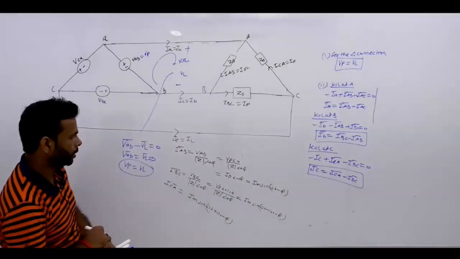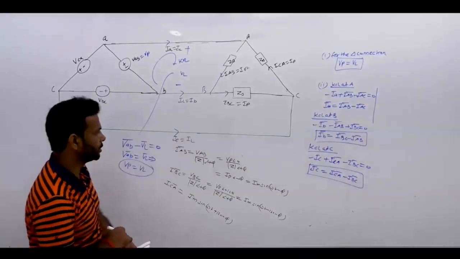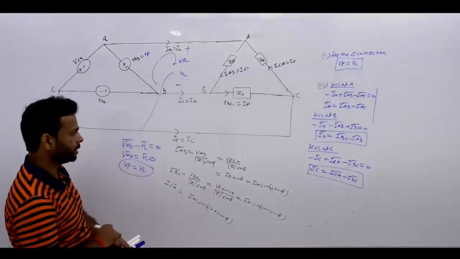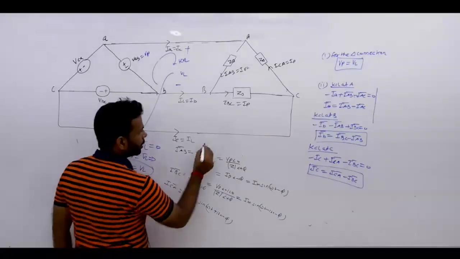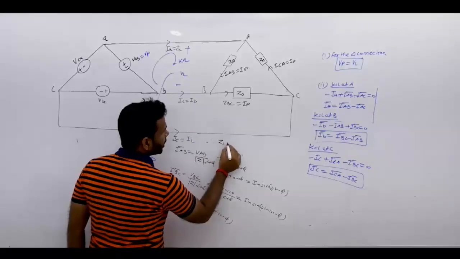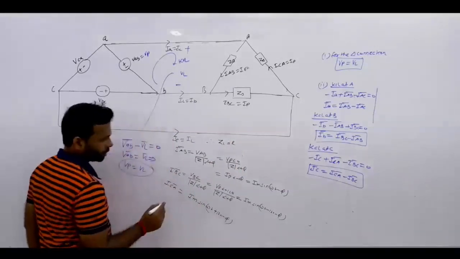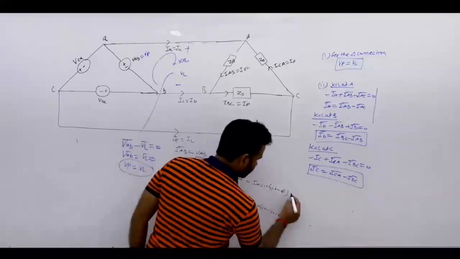Now if you take phi 0 if it is resistive load, then it is very easy. Now take resistive load. If ZL is R, then you see your currents are like that.